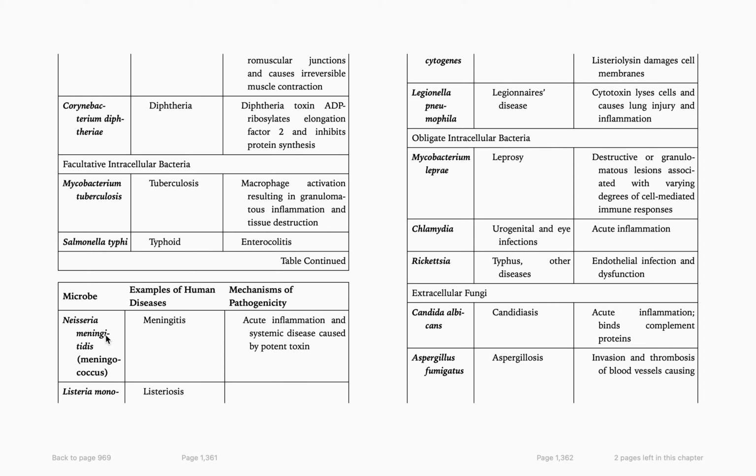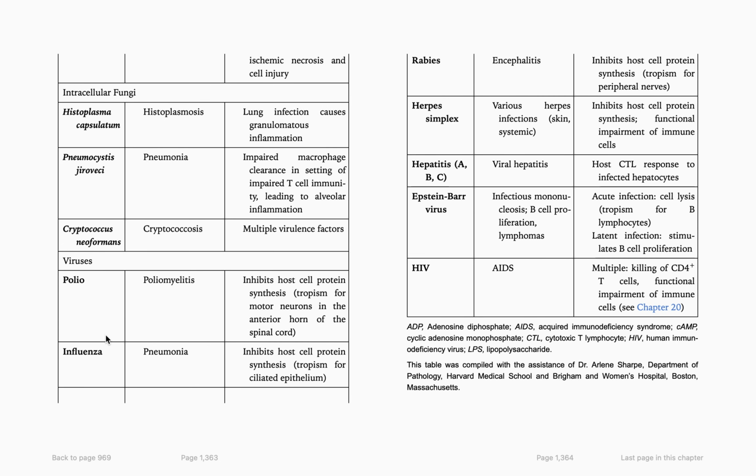We have extracellular fungus, Candida albicans. This causes candidiasis, and it is mostly acute inflammation, binding complement proteins. Aspergillus fumigatus causes aspergillosis. It is also invasion and thrombosis of blood vessels causing disease. We have intracellular fungus, for example, Histoplasma capsulatum, which causes histoplasmosis.